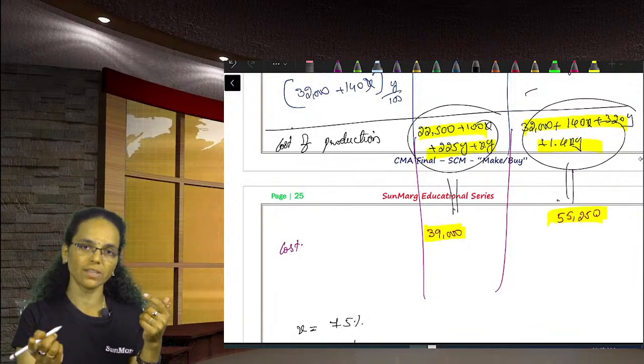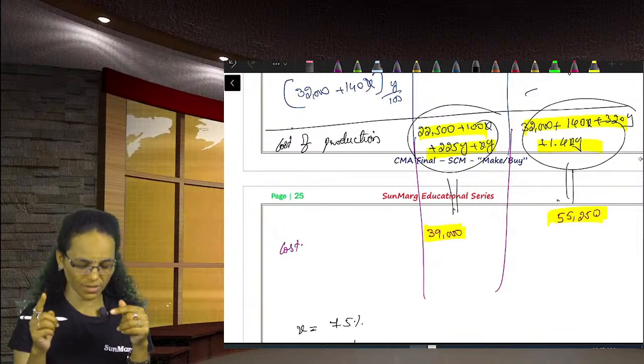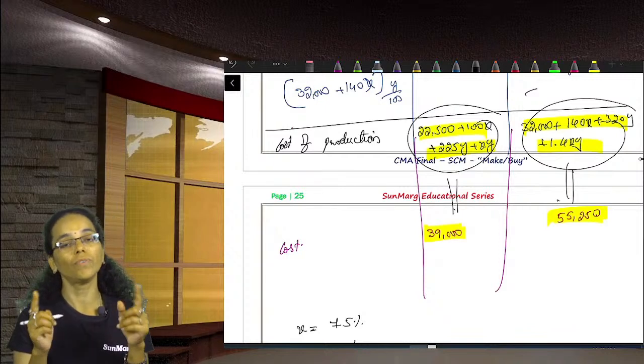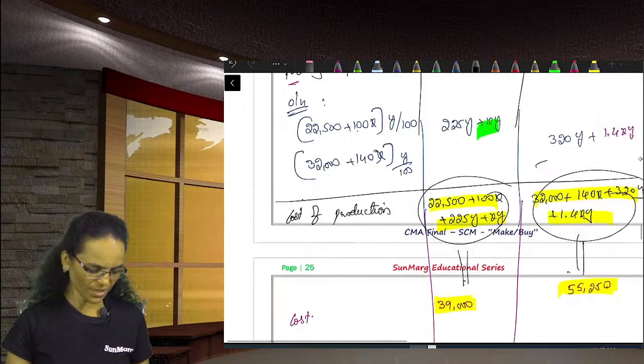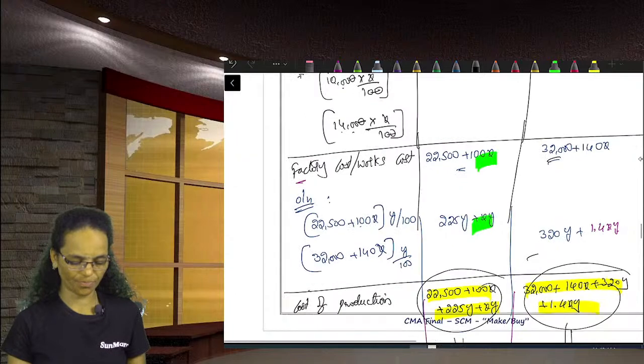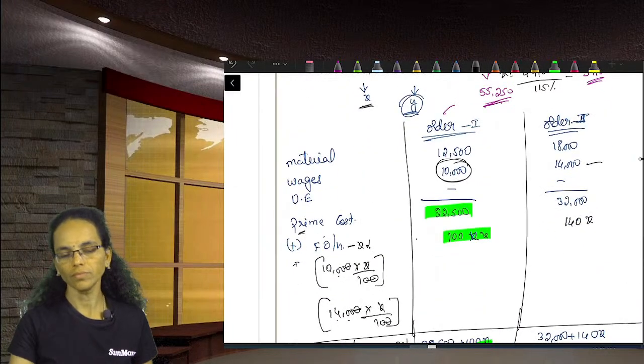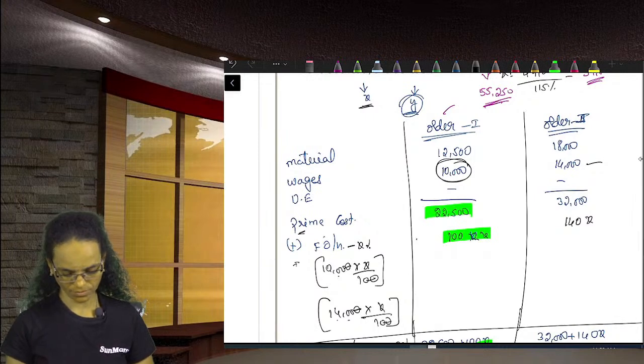Either you eliminate x or you eliminate y, and with the remaining two variables, you do it. You will get it, not an issue. This is mathematics, not the costing. Costing concept I explained to you. Okay?